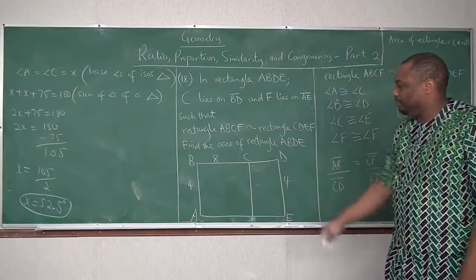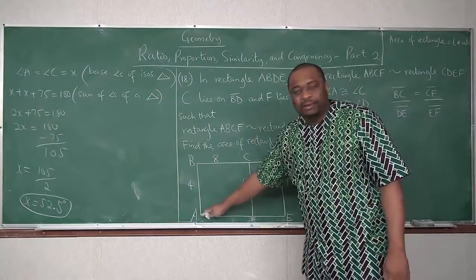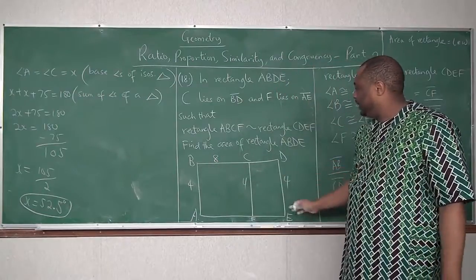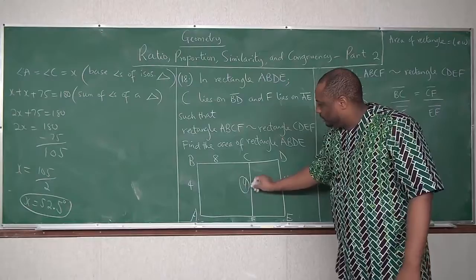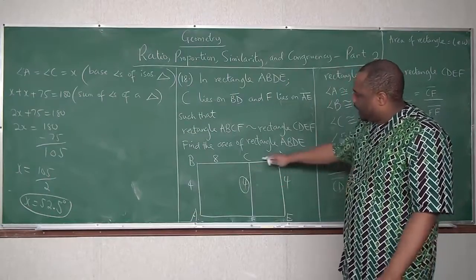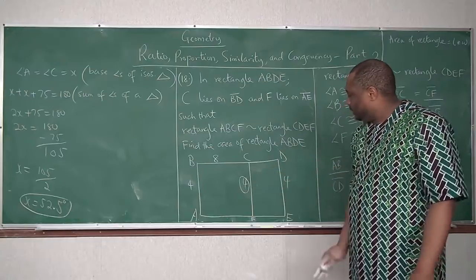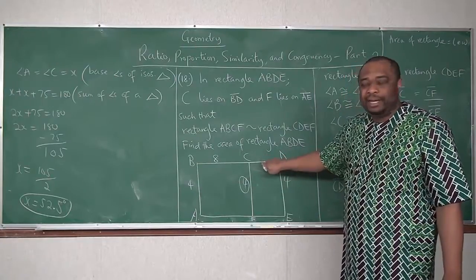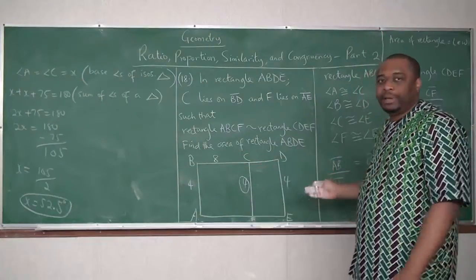We are looking at the area of ABDE, so this is 4, we really don't need this. Our problem is to find this. Once we find the length, this is the width, we multiply them.